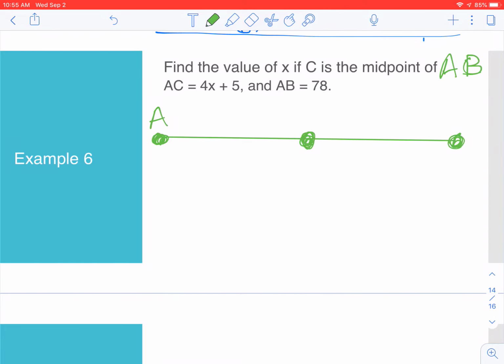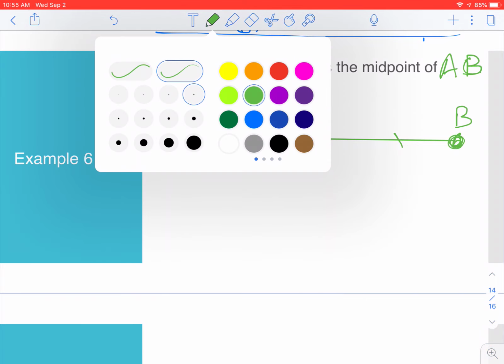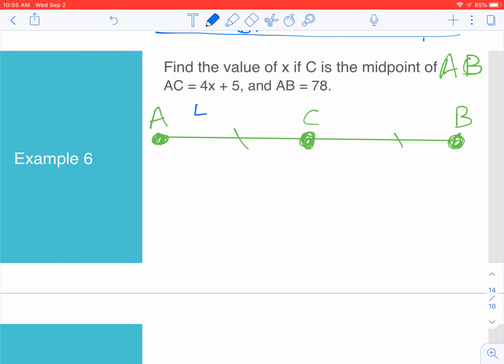So A, C, B, those are the same. Mark them the same. AC is 4x plus 5. AB, the entire thing, is 78. And now, it's kind of the same problem we did last time.